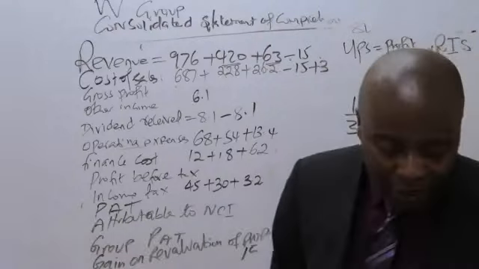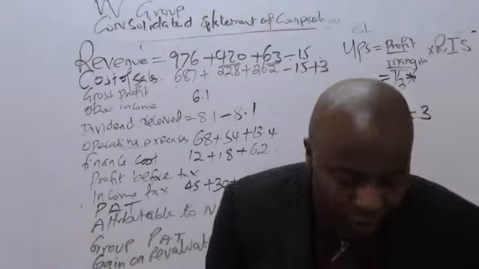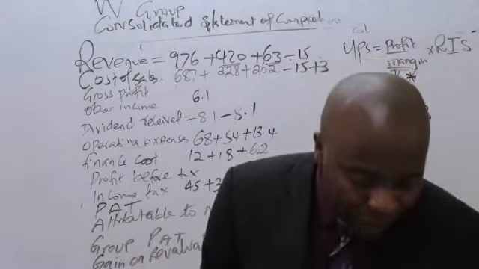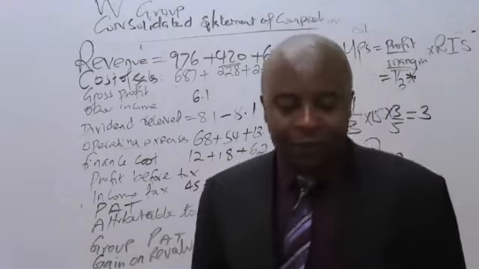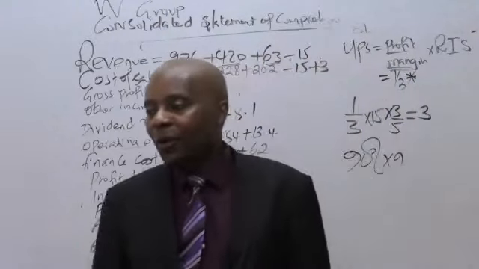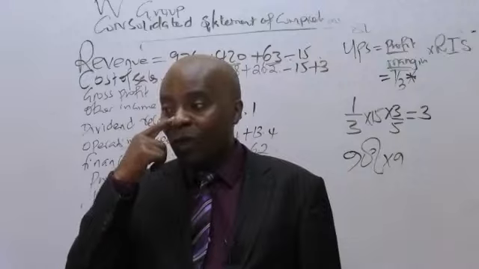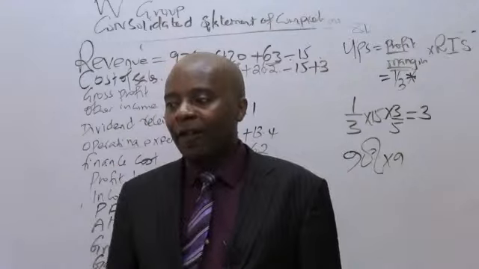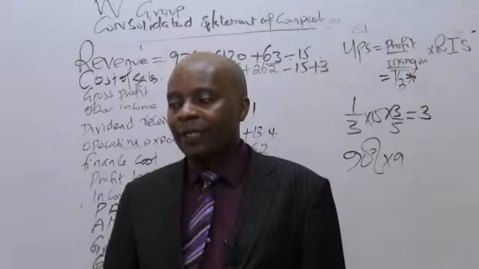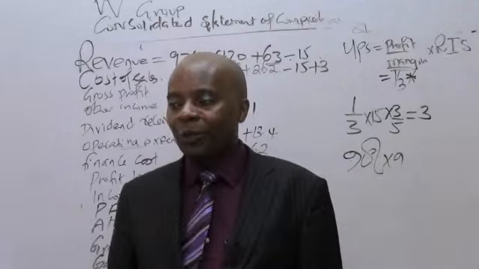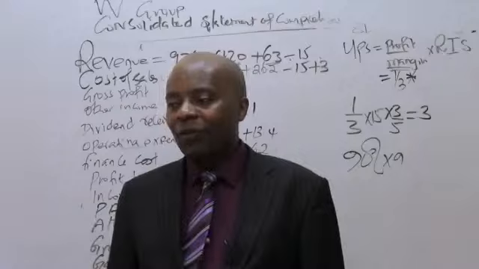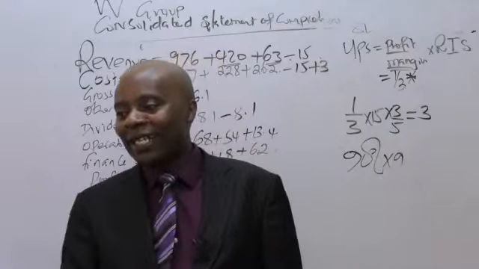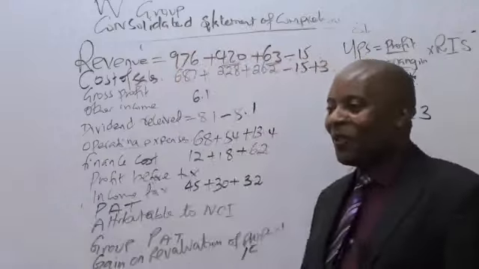Remember, we are told in note number 5 that F declared an interim dividend of 9 million. So are you able to see how I got the 8.1, Winnie? Because 90% of 9 is 8.1. Yes, that's Ruth who has answered. It's Winnie who asked the question.